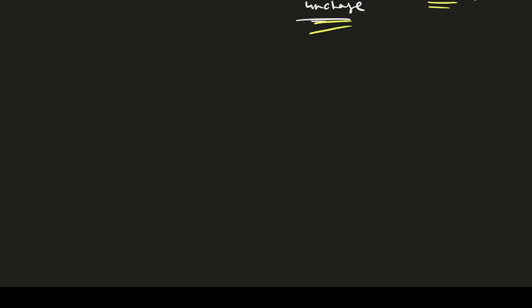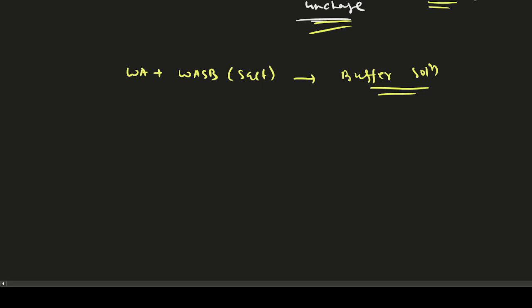Buffer means weak acid plus its salt with a strong base, which gives the buffer solution. So we try to understand what is there in the solution so that if you add a little amount of acid or base, the pH is not changing. What is the reason behind this?